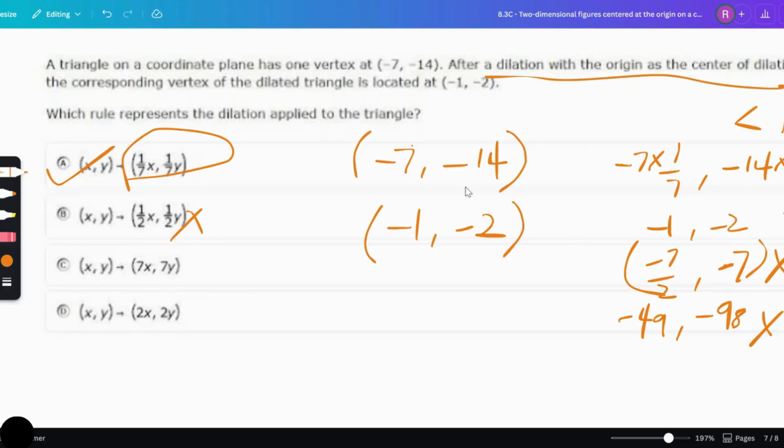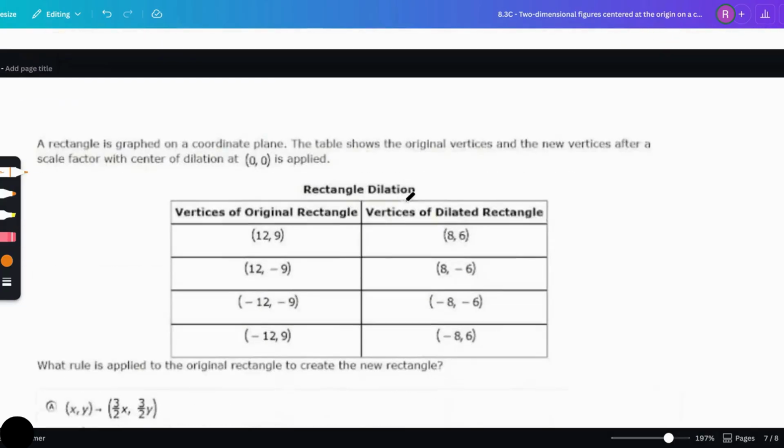If you multiply by 2, 2 times -7 will be -14, and -14 times 2 will be -28. So this is wrong. So A is the best option, the correct option.